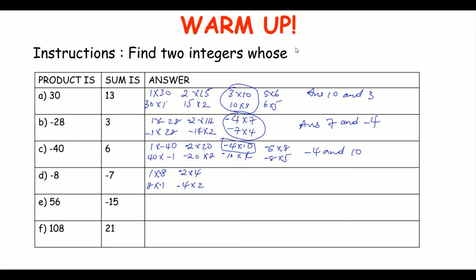Now, what pair, when we multiply them, we get negative 8, and when we add them, we get negative 7? Now, 1 plus negative 8 gives us negative 7. And 8 plus negative 1 gives us positive 7.